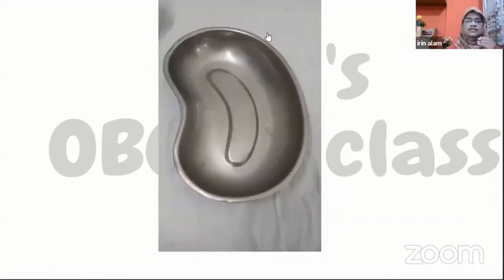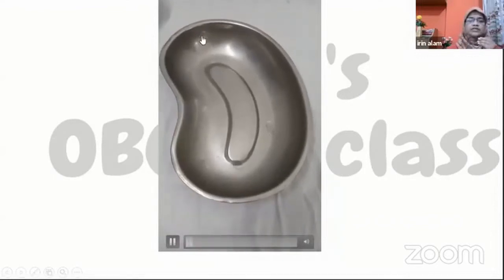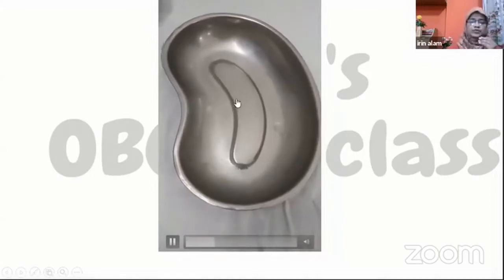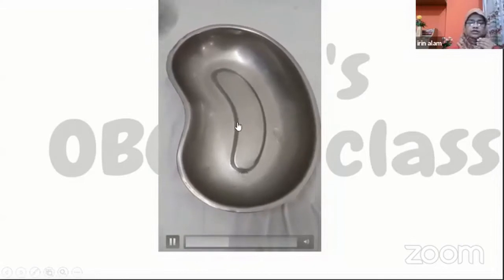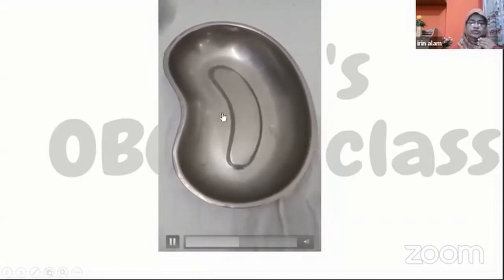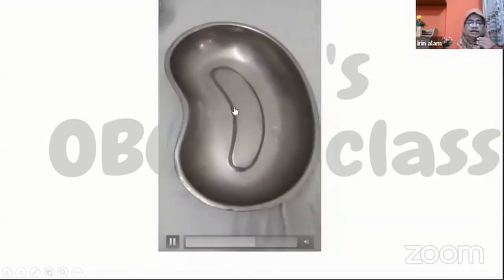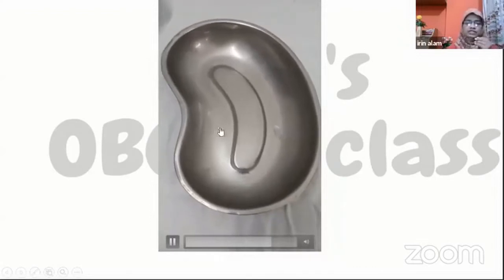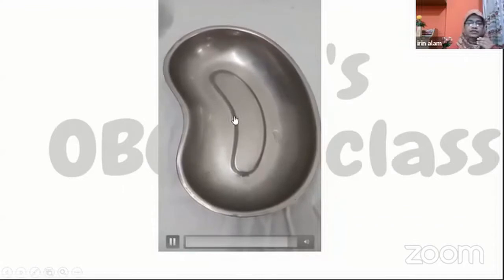Next, this is a kidney tray. It is called a kidney tray because it is kidney shaped. And what is the use of this instrument? In case of DNC, we can put the products of conception here. And in other cases, such as during cesarean section, we put sharp instruments here, such as scalpel or scissors.